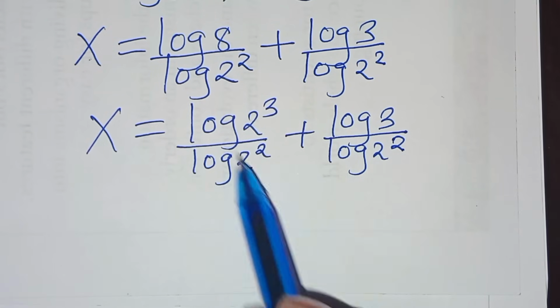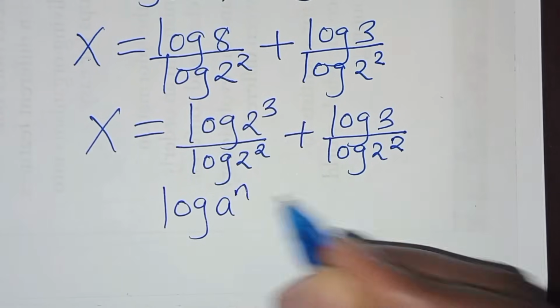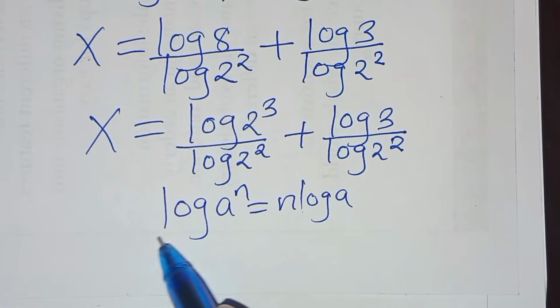Now the next step here, log 2 to the power 3 is in the form of log a to the power n, which we can express as n log a.